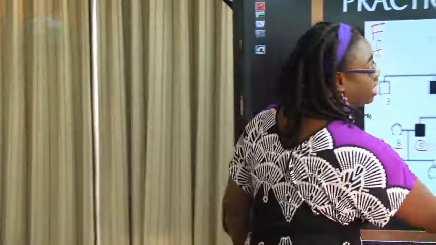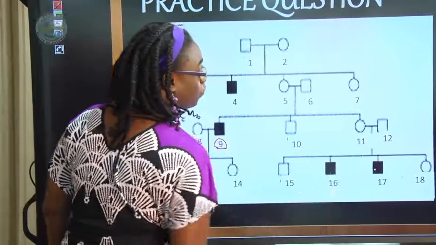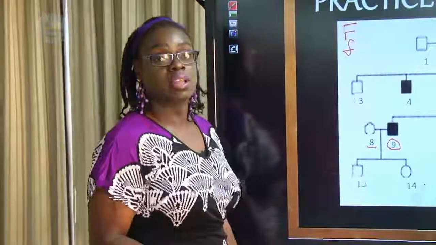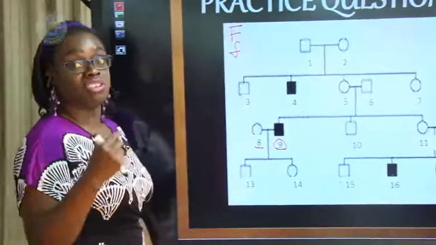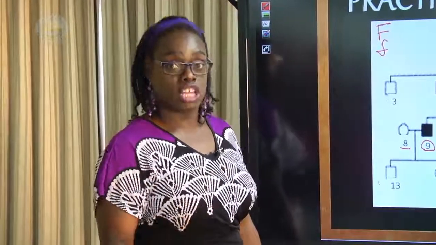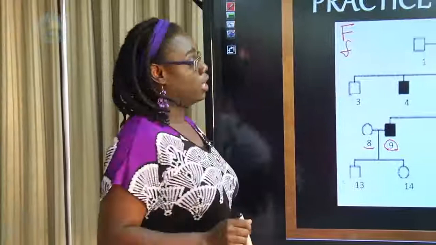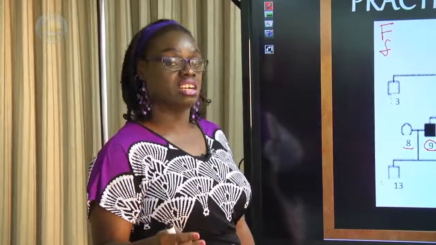However, from that union, they have 2 male children who have the disease. It therefore means that each parent has a recessive allele that they passed on to their children. So, hence, both 11 and 12 are heterozygous.